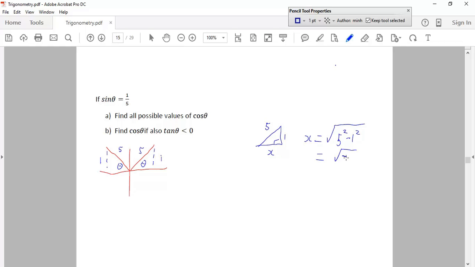So that'll be square root 24, which simplifies down to 2 root 6. So that means that you can put it on your diagram now.